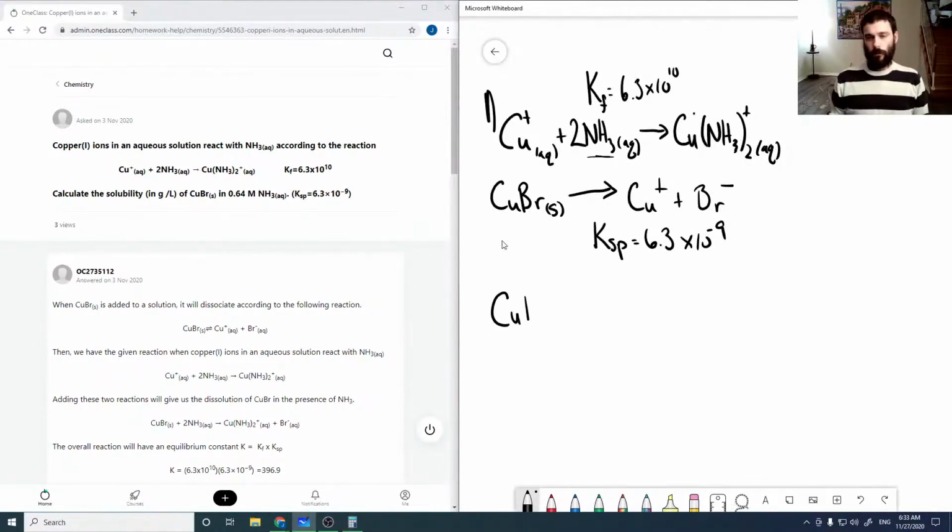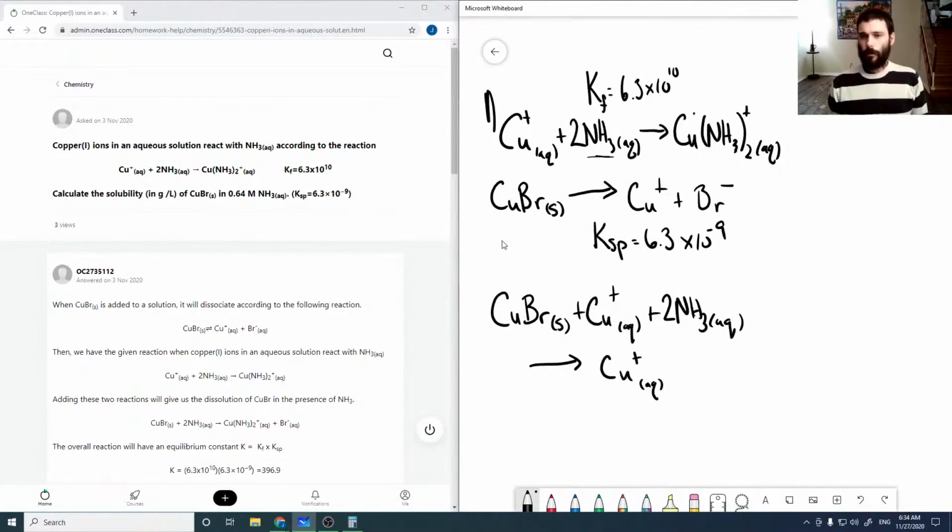If we sum these two, just add them up and put all the reactants on the reactant side, there's our reactants, and they're going to react to give us our products, and I should have put the aqueous in here, and plus copper ammonia.